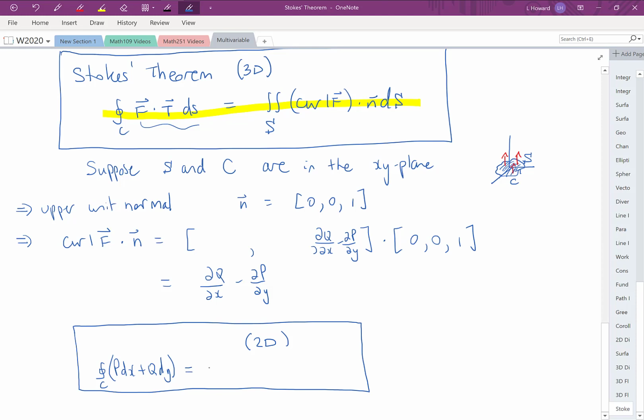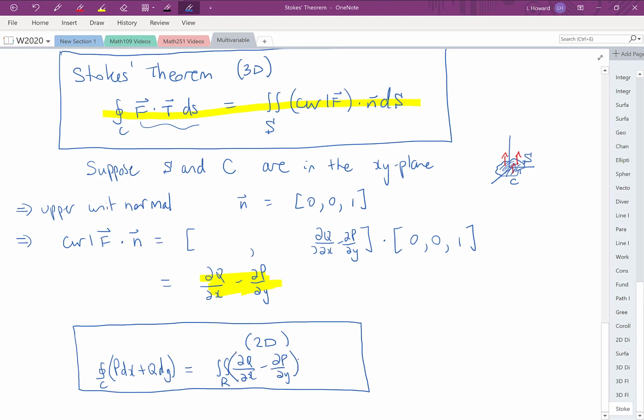And then we're going to say that's going to be the double integral. Okay, we could say over our surface, but because this is a region of the xy plane, we could also just say double integral over R. And then we've decided that curl of F dotted with n would look like delta Q by delta x minus delta P by delta y.